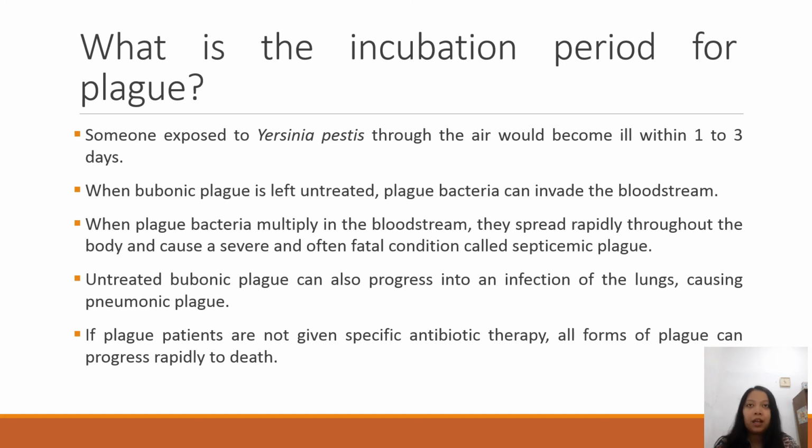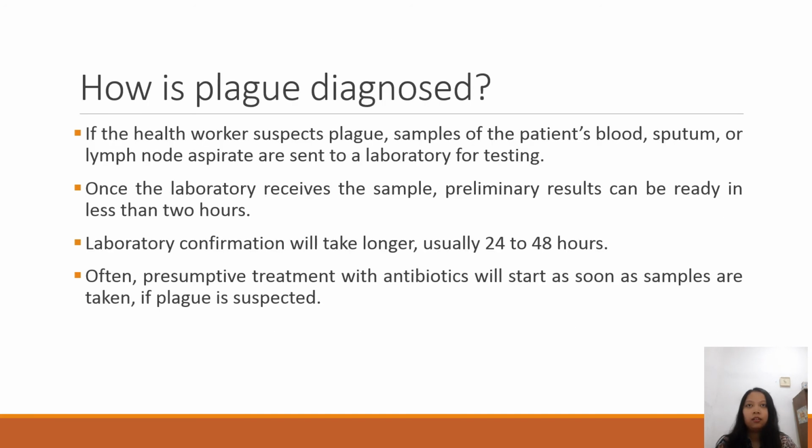When the plague bacteria multiply in the bloodstream, they spread rapidly throughout the body and cause a severe and often fatal condition called septicemic plague. Untreated bubonic plague can also progress into an infection of the lungs, causing pneumonic plague. If plague patients are not given specific antibiotic therapy, all forms of plague can progress rapidly to death.